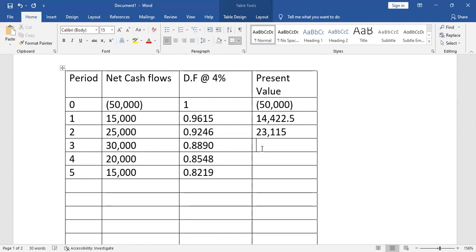30,000 multiplied by 0.8890, I have 26,670.